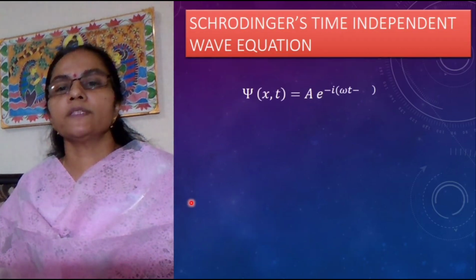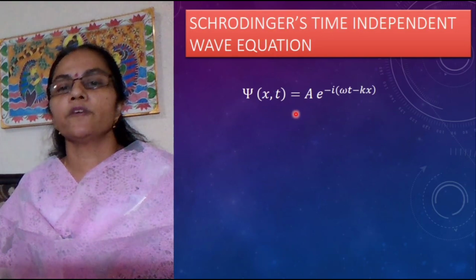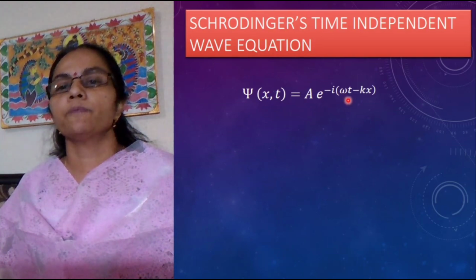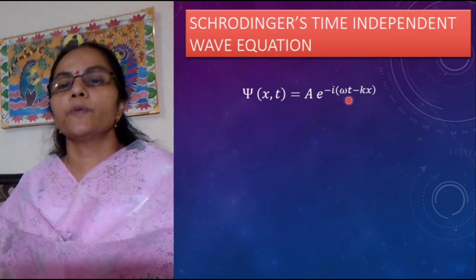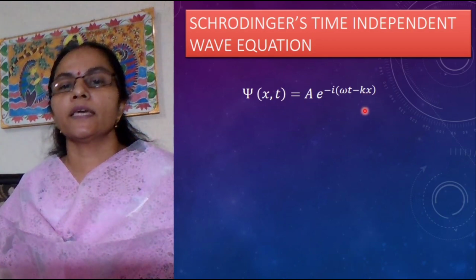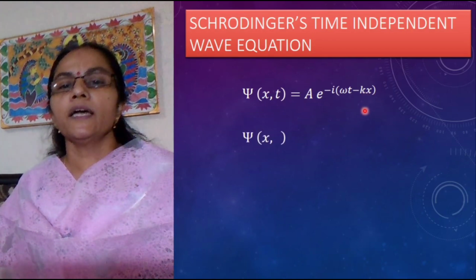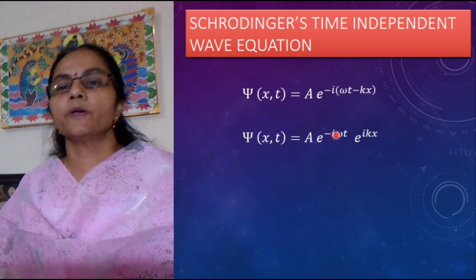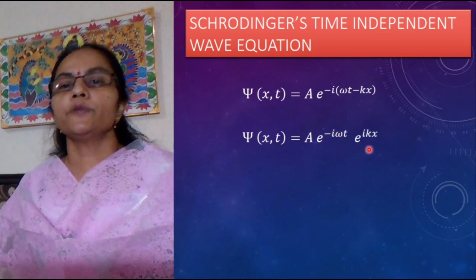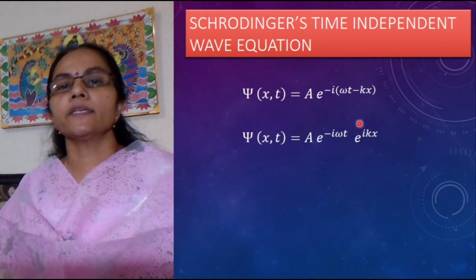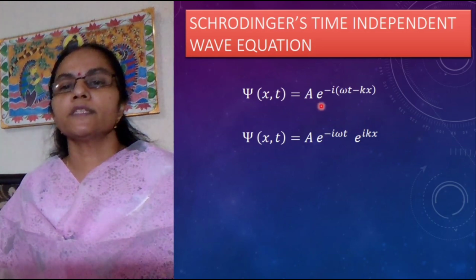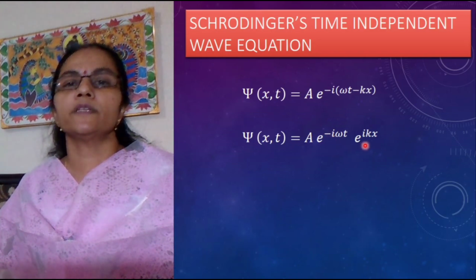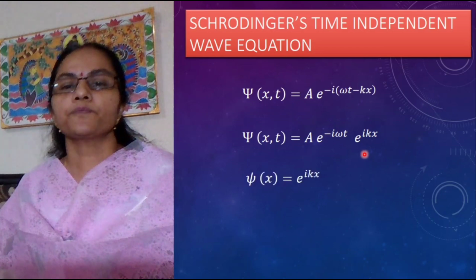Now we have this wave function as psi of x,t is equal to A e to the power minus i into omega t minus kx, and this can be written as psi of x,t is equal to A e to the power minus i omega t into e to the power i kx. I have just split this into two terms, one in terms of time and the other in terms of position.